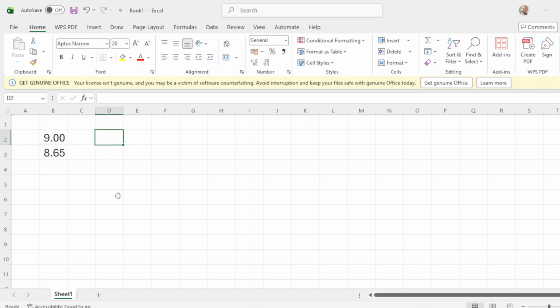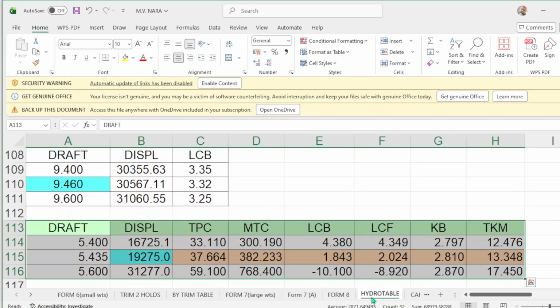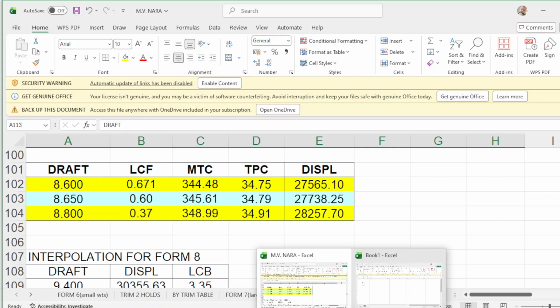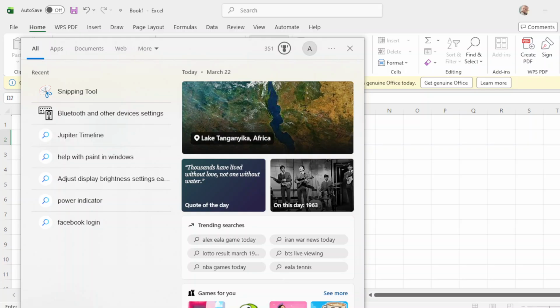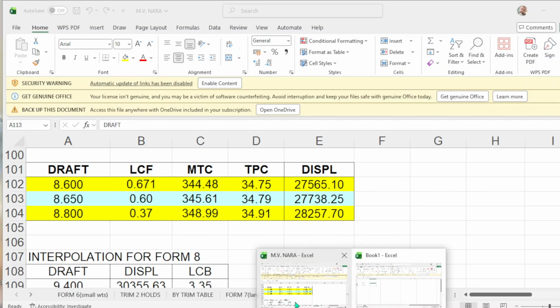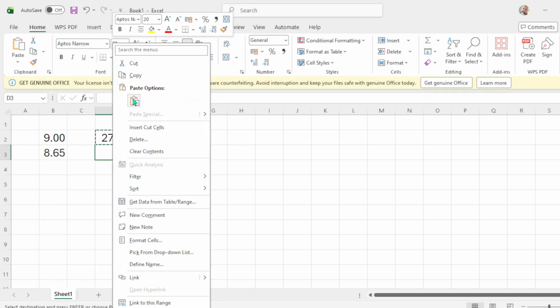What is the displacement of 9 meters and of 8.65? The displacement at 8.65 is 27738.25.